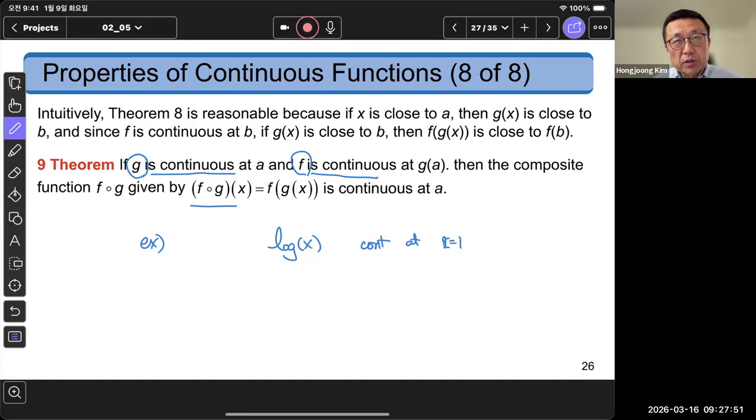Then when I combine this with the sine function, it will be continuous at 1 because the sine function is continuous at every point. So whatever the logarithmic function of x takes at 1, the sine function will be continuous there. So this composite function will still be continuous at 1.